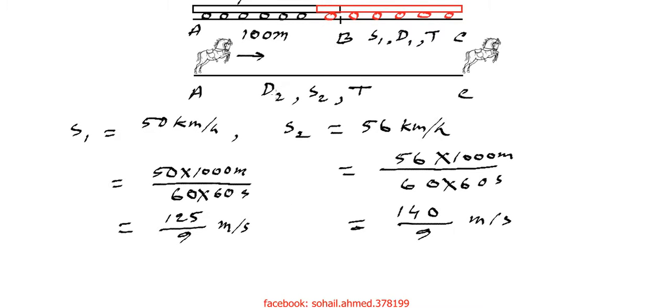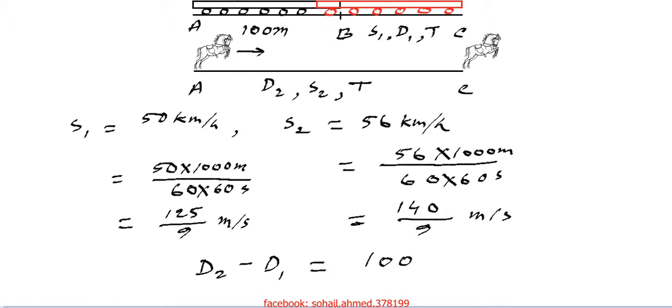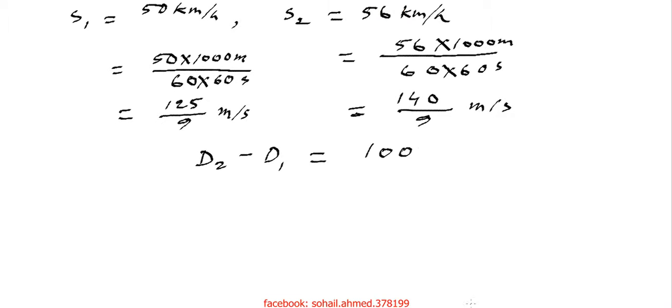Now we can write d2 minus d1 equals 100 meters. d2, the distance traveled by the horse, minus the distance traveled by the train, equals 100 meters. We know distance equals speed into time.